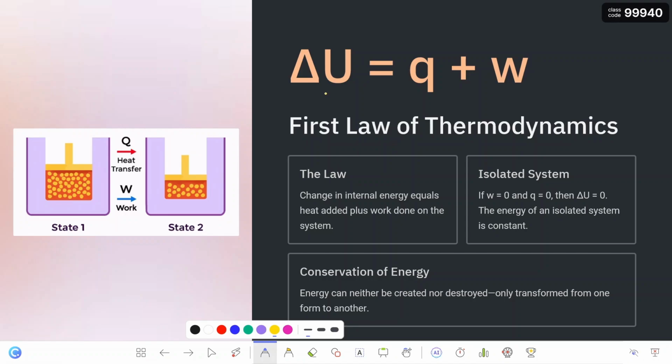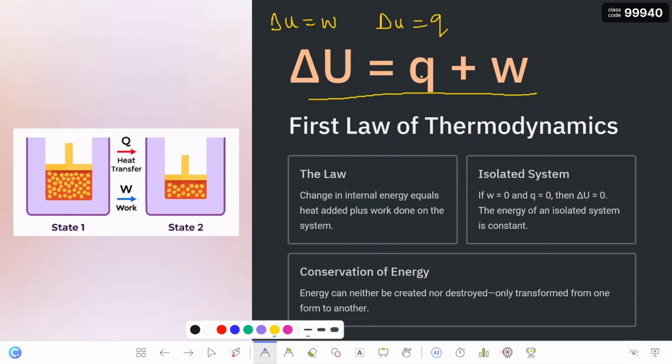In that case we can write delta U is equal to Q plus W, because before, when heat is not there, it is equal to W, and when work is not done, it is equal to Q. But suppose at a time both are there, delta U will be equal to Q plus W. This is called the first law of thermodynamics, which is very important. You have to remember this equation, delta U is equal to Q plus W. So the law states that the change in internal energy, so this equation only you need to remember.